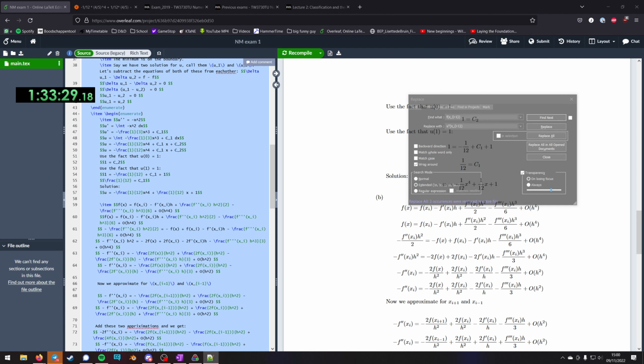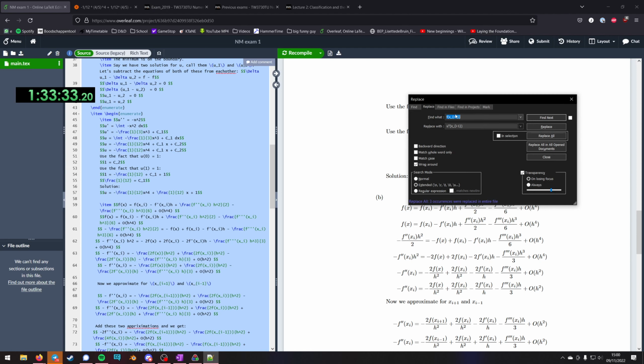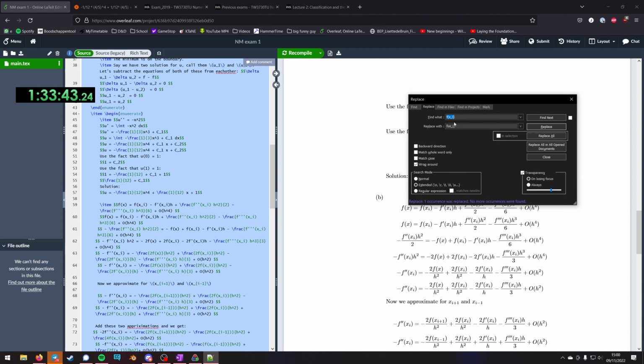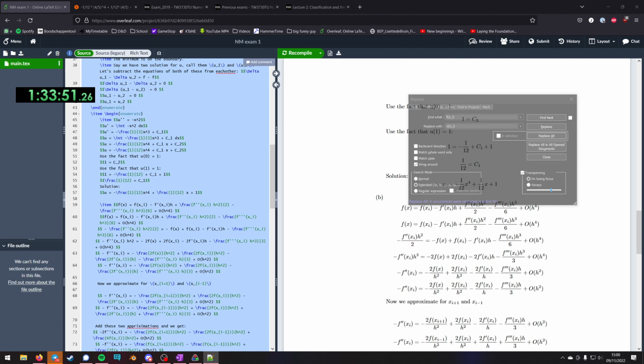So let's hope that didn't break anything. I don't think I used this notation anywhere else in my calculations. But there are even some F triple primes.